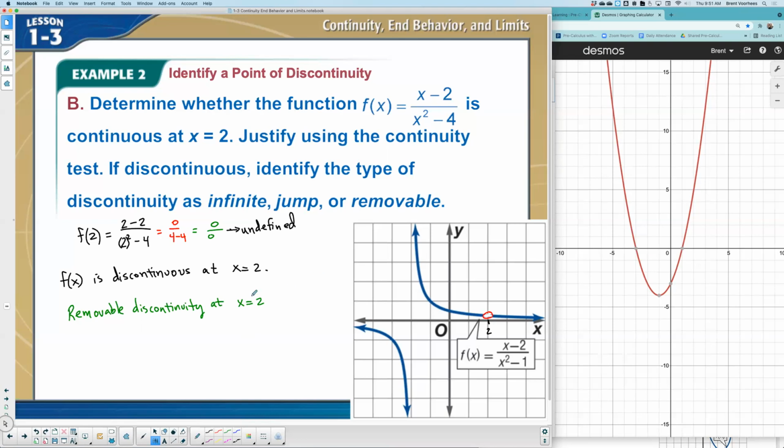All right, why is it removable? Let me show you the algebra. If you're wondering why it is removable, if you performed a little factoring, you might remember this from the first day of class, the X method. I told you that there is a shortcut you can do if you're missing your B term. It's called the difference of squares, or I sometimes call it the square root technique. You can factor this.